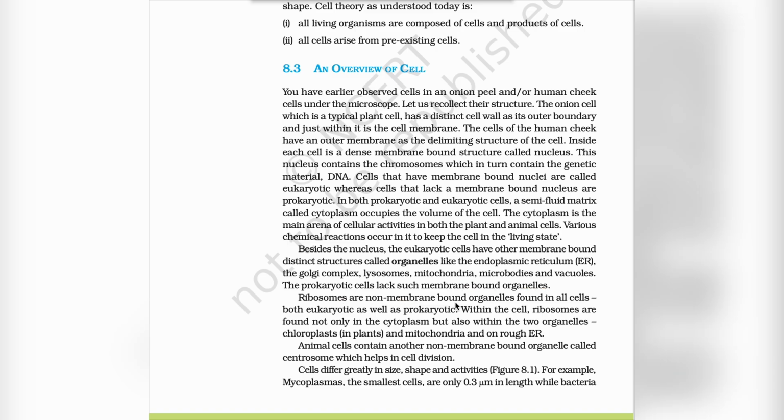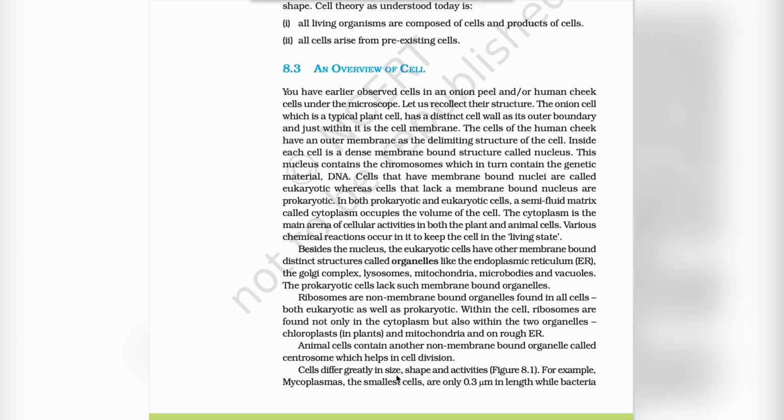Ribosomes are non-membrane bound organelles found in all cells, both eukaryotic as well as prokaryotic. Within the cell, ribosomes are found not only in the cytoplasm but also within the two organelles, chloroplast in plants and mitochondria, and on rough ER. Animal cells contain another non-membrane bound organelle called centrosome, which helps in cell division.